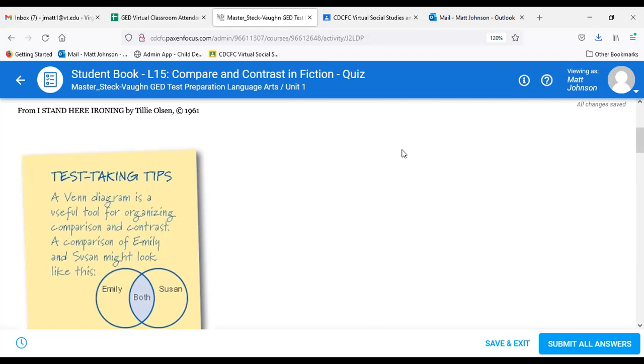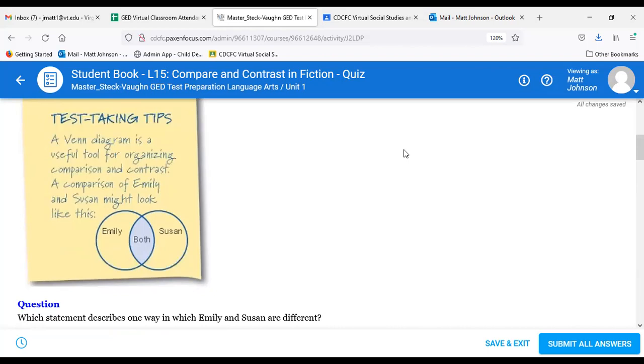Make those two overlapping circles, list everything that's different about the one on one side, different on the other side, and then you can put what's in both in the center. So that's a good way. And again, we see really simple Venn diagrams. You could do 3-4 circles that overlap. It might get a little congested. Any more than that, it's going to get kind of confusing, but you can certainly do more than just 2 if you're comparing and contrasting things.